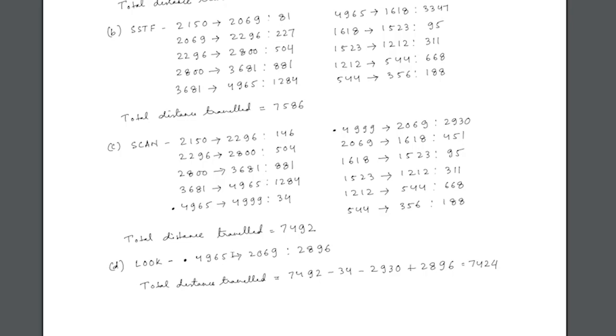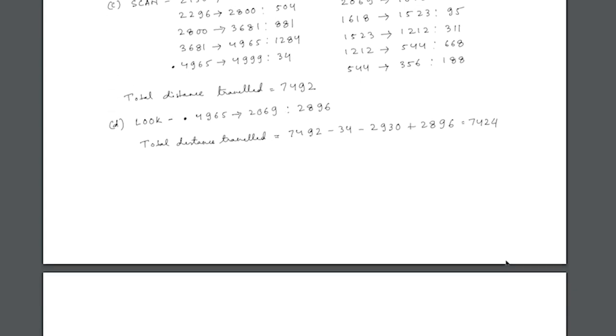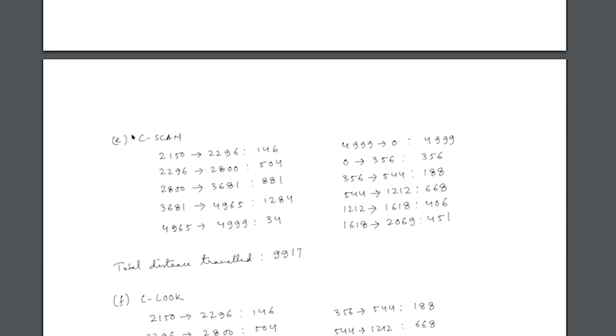And I'm going to add the direct distance between 4965 and 2069, because when it will reverse its direction from right to left at 4965, it is directly going to go to 2069 if the LOOK algorithm is being used. So I'm removing 34 and 2930 from 7492, and I'm adding the distance between 4965 and 2069, and I get 7424.